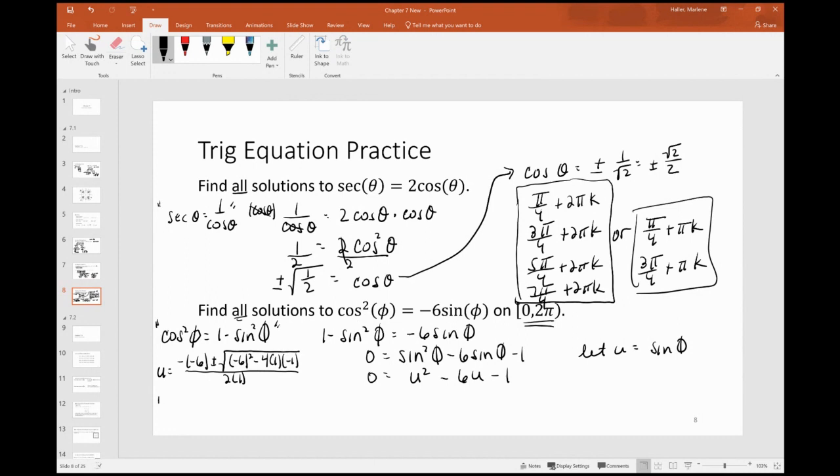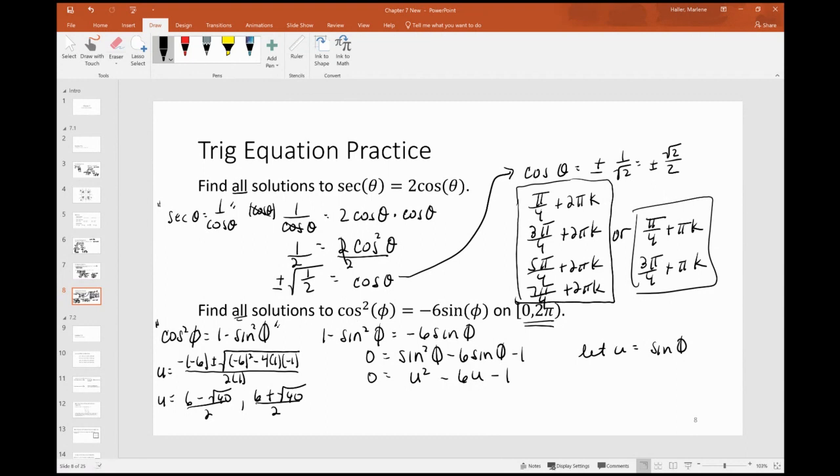All right, so when we simplify that, we get 2 solutions here for u. Right? When we simplify that, we get 6 minus the square root of 40 over 2. And we also get 6 plus the square root of 40 over 2.